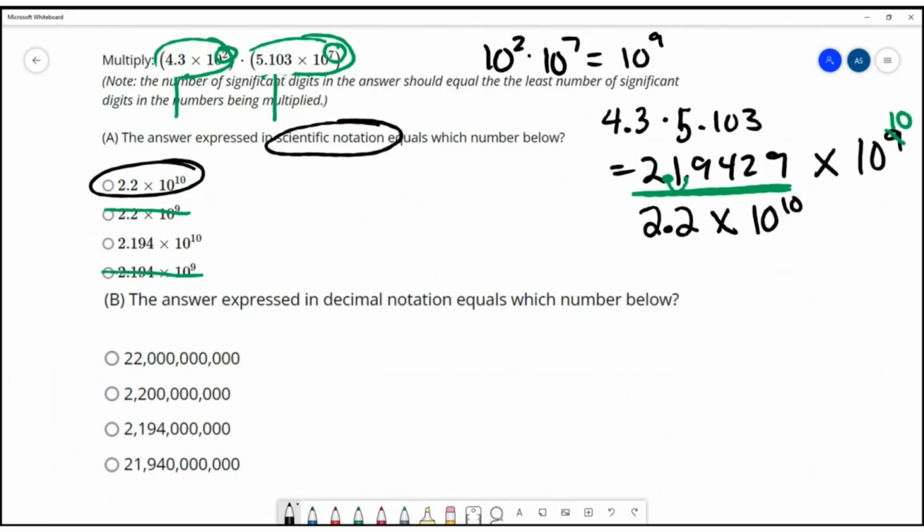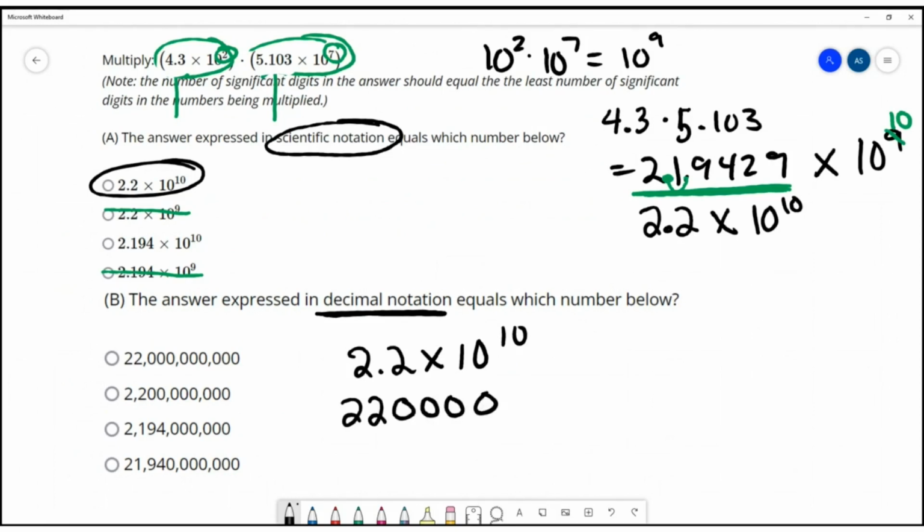Then we also want to express our answer in decimal notation, and so we're going to take that 2.2 times 10 to the 10, and we're going to move our decimal place 10 places to the right. So we have 2.2 with a bunch of zeros. How many zeros? 1, 2, 3, 4, 5, 6, 7, 8, 9.